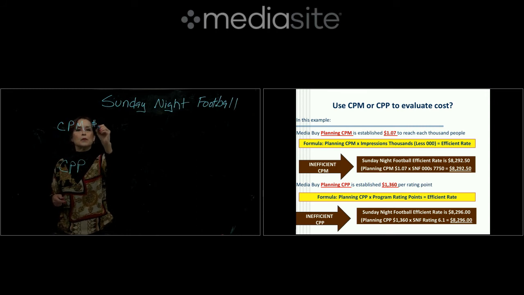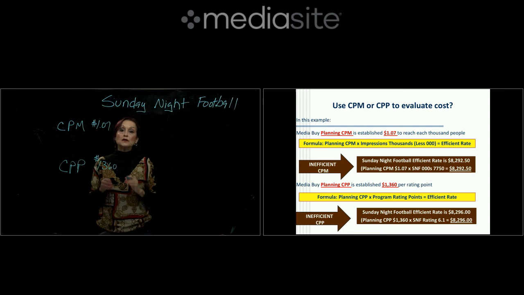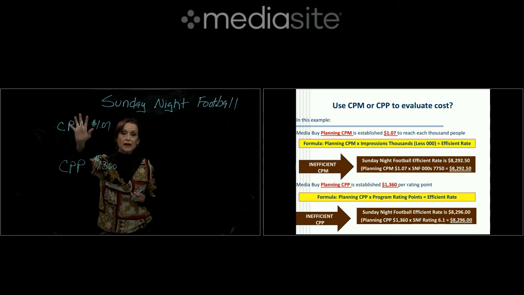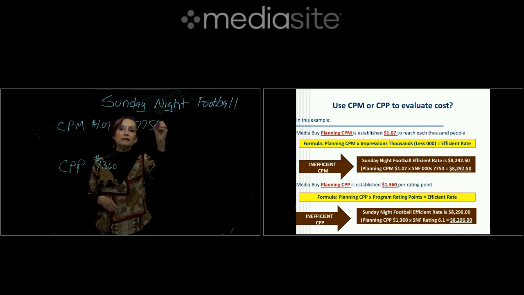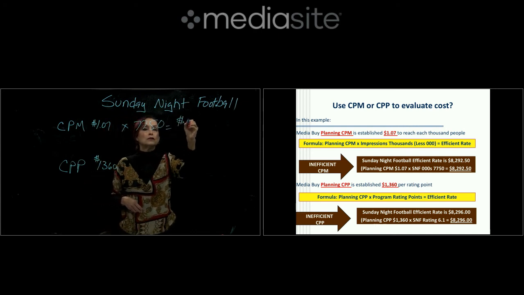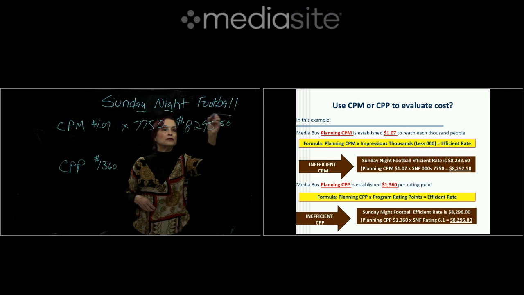Planning CPM was $1.07. Planning CPP was 1,360. So if the media buy planning CPM established to reach every 1,000 people for $1.07, then you calculate the efficient rate, which is $1.07 times the thousands delivered by Sunday Night Football, which are 7,750, equals 8,292.50. So this is your efficient rate.